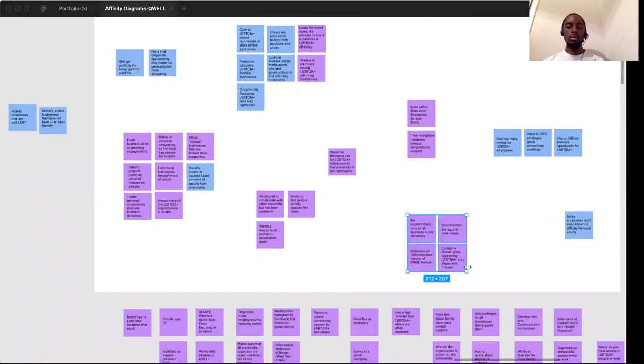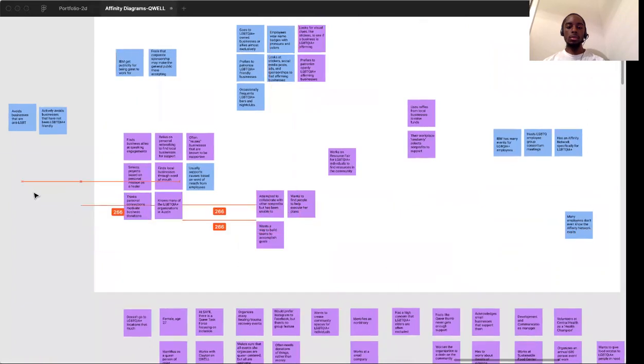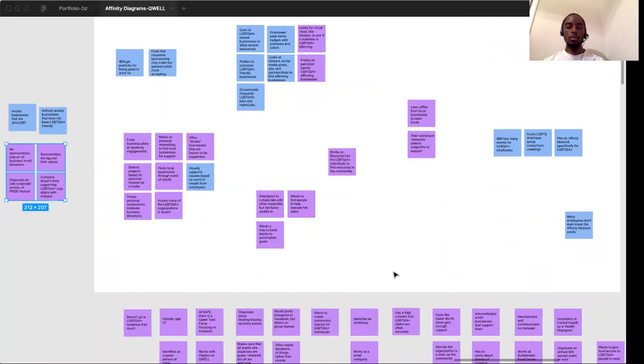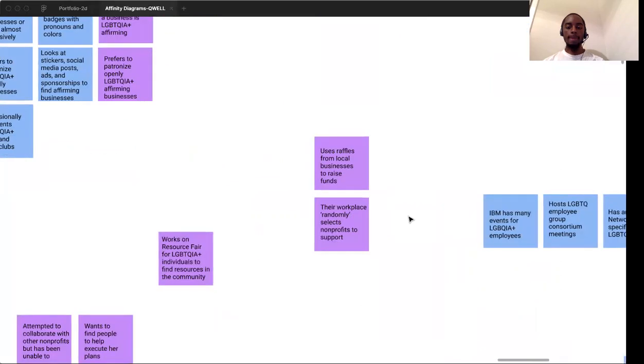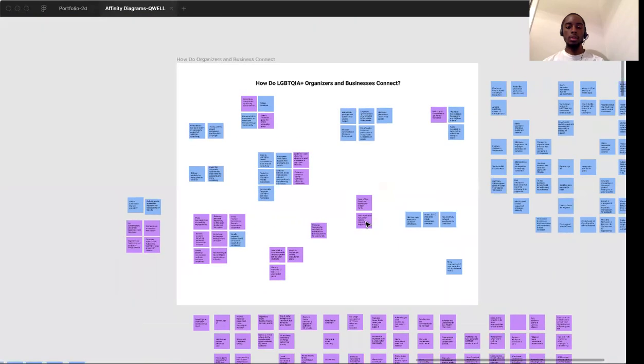Why is it doing that? A random line here. Local businesses. Okay, and I will leave this one off. That's not how they find or connect with any businesses.